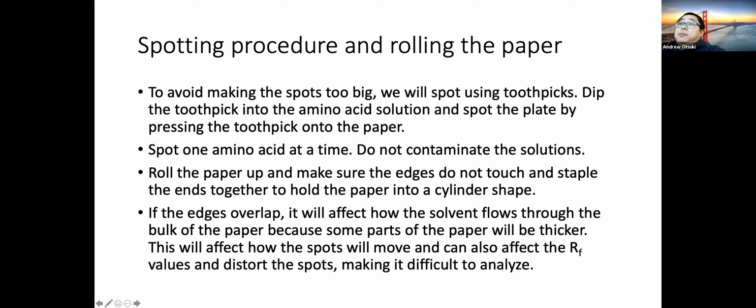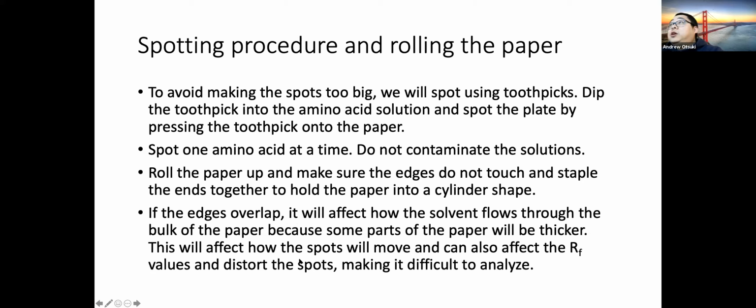And because some parts of the paper will be overlapped, you're going through more material of the paper at one specific area versus the bulk of the paper where the amino acids are. So the flow rate can actually affect how the spots move up the plate.